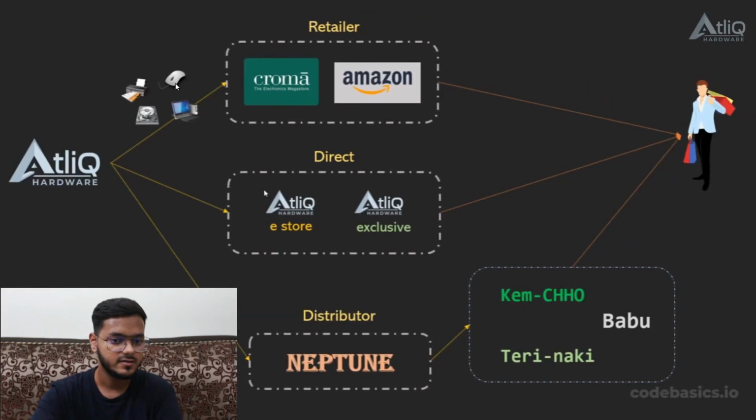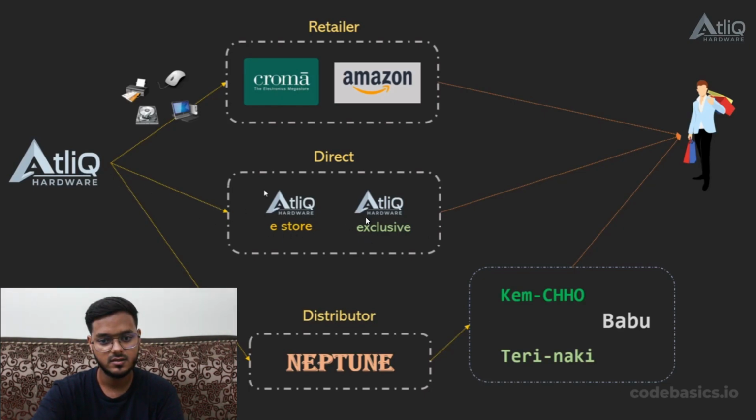AtliQ Hardware sells their products through three channels. The first one is the retailer. Retailers are nothing but our stores like Amazon, Flipkart, Chroma. The second channel is the direct channel. AtliQ Hardware has their own stores like eStore and Exclusive.